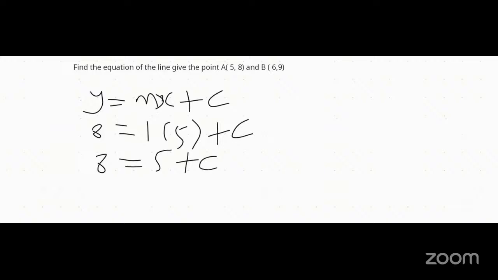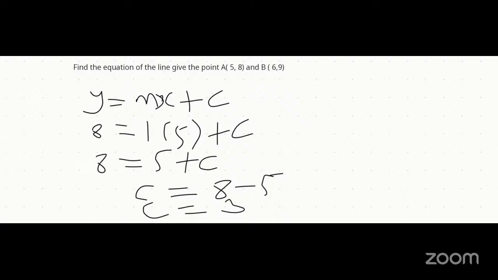Now, if I'm to collect like terms, I'll be having c is equals to 8 minus 5, because 5 is coming over here. That will give us 8 minus 5, and c will be equals to 3. Are you seeing this now? C is equals to 3.